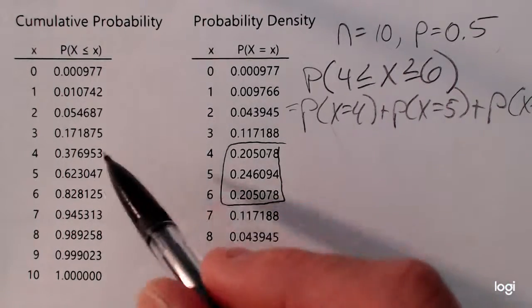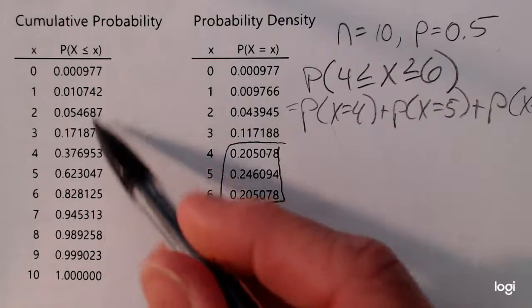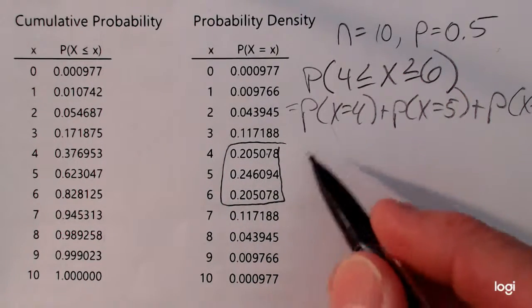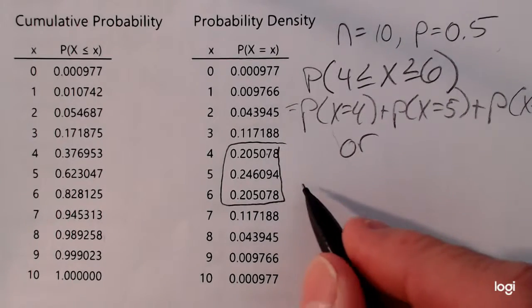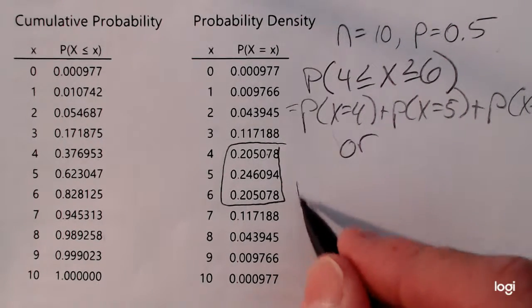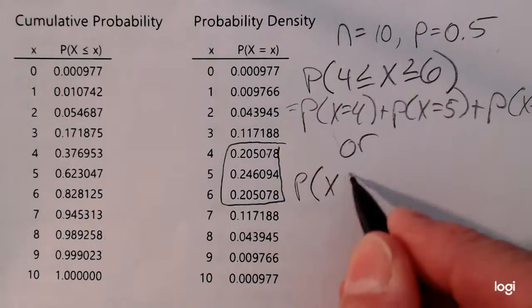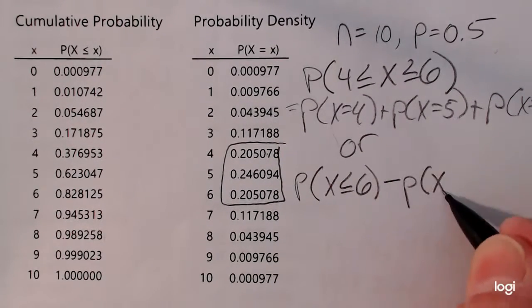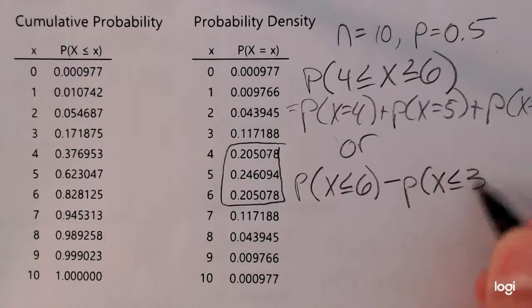If I wanted to use the cumulative distribution table, I could recognize the fact that this is going to be equal to the probability x is less than or equal to 6 minus the probability x is less than or equal to 3.